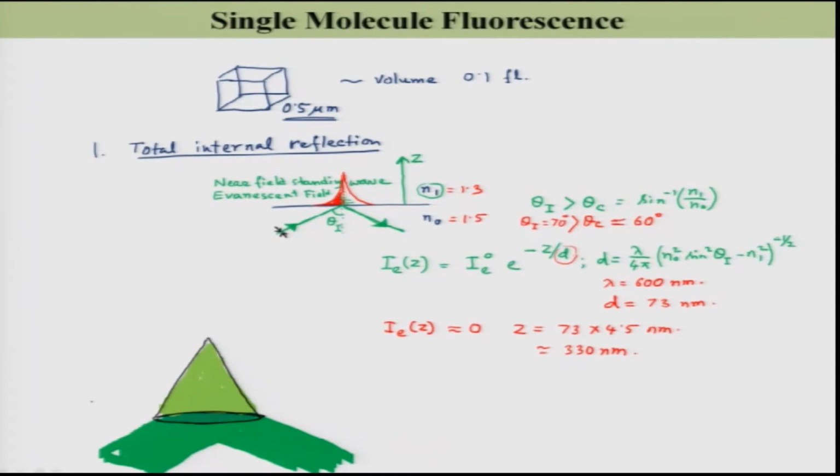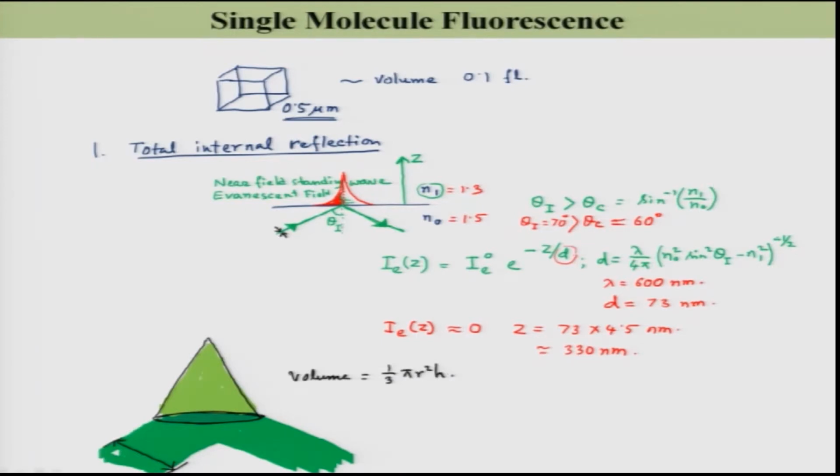So, I have just assumed that this exponential decay will be like a cone. Now, if the diameter of this excitation light is known, then you know how to calculate the volume of this cone. So, volume is equal to 1 over 3 pi r square h.